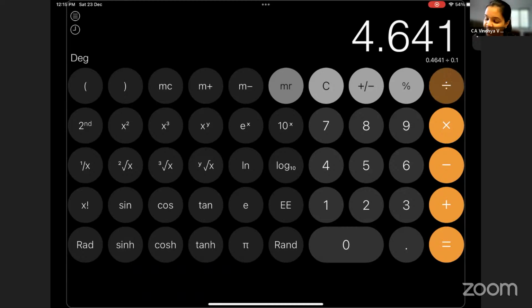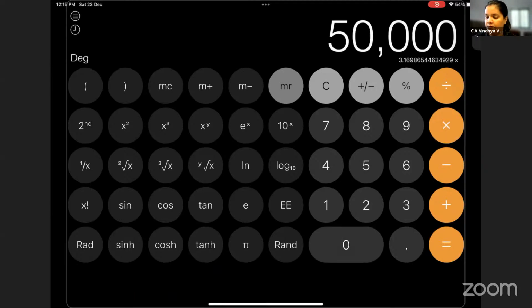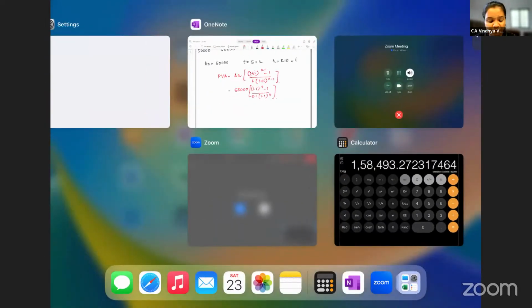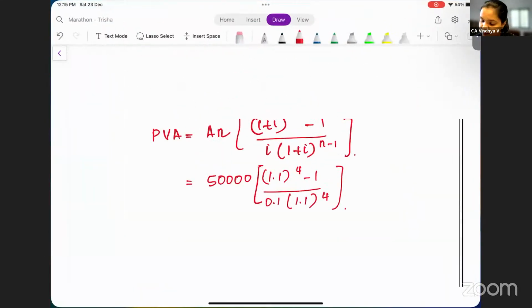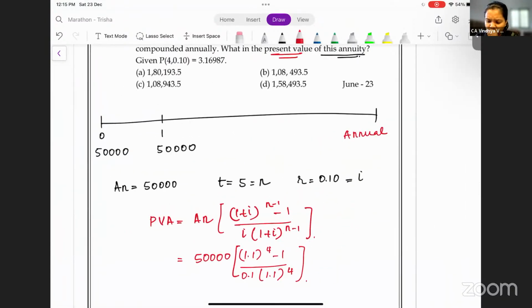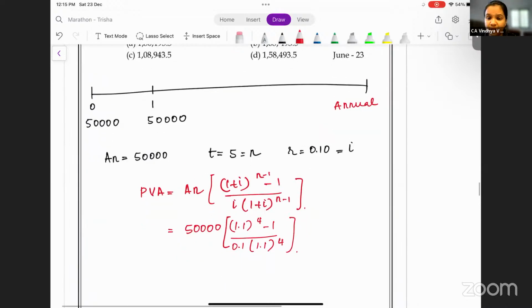Divided by, recollect the memory and press is equal to. Into 50,000, you get 1,58,493.